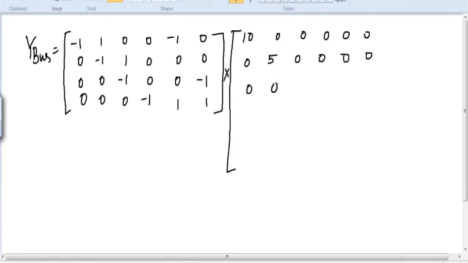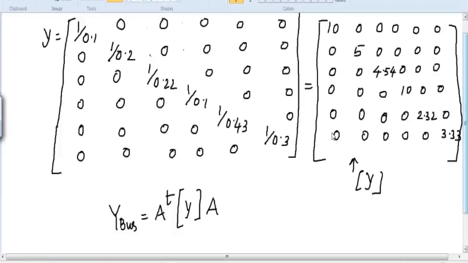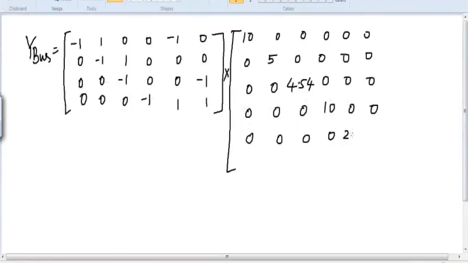Then 0, 0, 4.54, 0, 0, 0. Then 0, 0, 0, 10, 0, 0. Then 0, 0, 0, 0, 2.32, 0. And finally 0, 0, 0, 0, 0, 3.33.